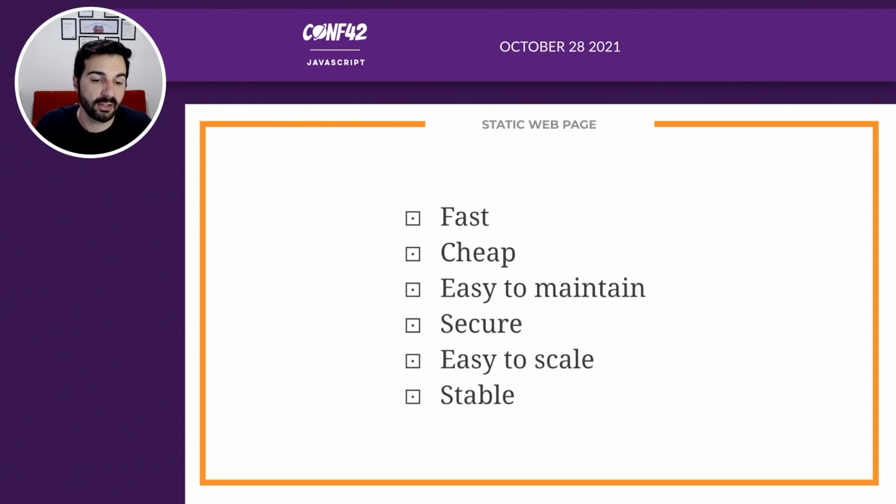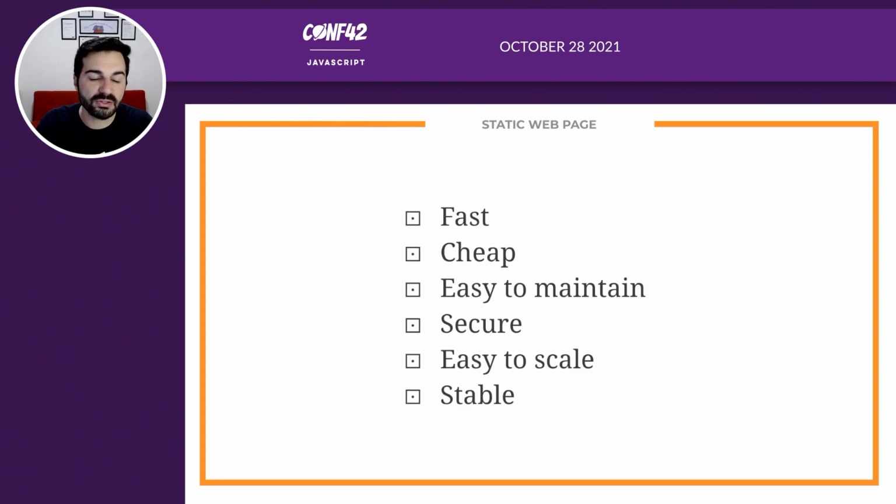So for instance, if we have a blog and we are creating more and more articles and blog posts on our website, just adding more storage space to the web server will help us scale our website. And they are stable because, as we are not executing code or doing operations on the fly, the visitors will only have to download the files to their browsers and browse the website. So that will make our website work more stably.